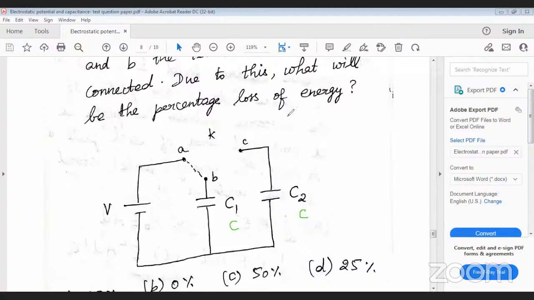For key position AB initially, the capacitor C1 is charged. So what will be the energy now? The potential energy stored in capacitor C1.